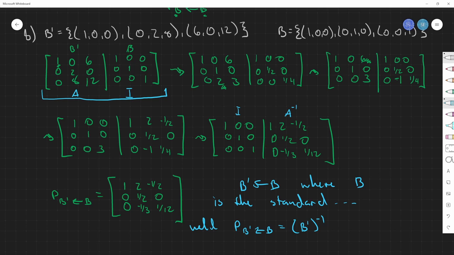And this will only be true if you're going from standard bases to some other bases. So from here we went from the standard bases, which was our B, to our B prime, which is not in standard bases.